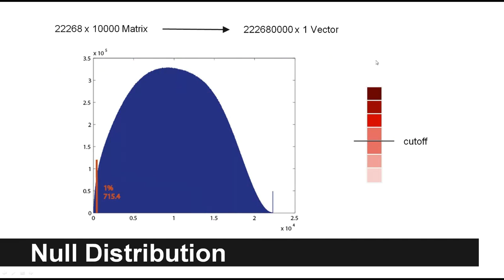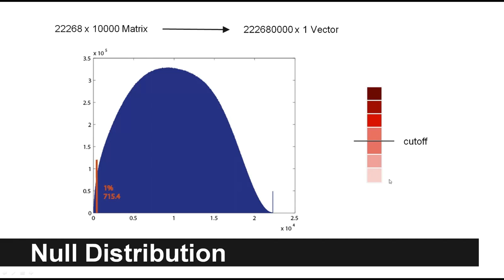Since our aim is to find a cutoff for the rank product, I vectorize this matrix to a very long vector, and this will be the null distribution of the rank product. I pick the top 1%, at the value of 715, as the cutoff in this example. This is the histogram of this large vector.